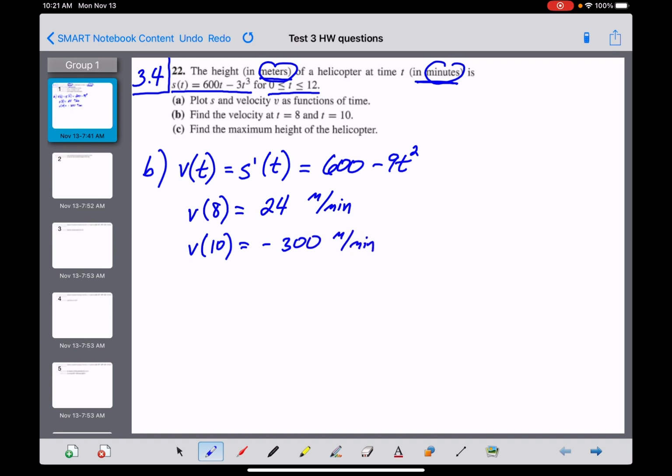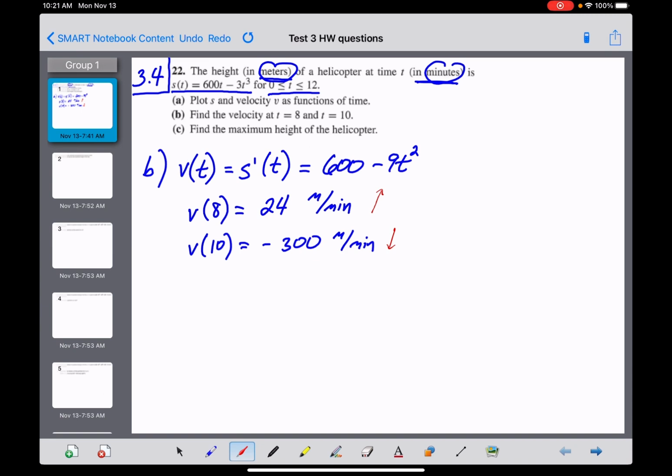Now, two things I want to point out right now. The fact that v of 8 is positive means that at this moment right here, the object still had to be moving up. Its position was increasing at that point because its velocity was positive, but now at v of 10, the object, the helicopter, is now moving back down because our velocity is negative.